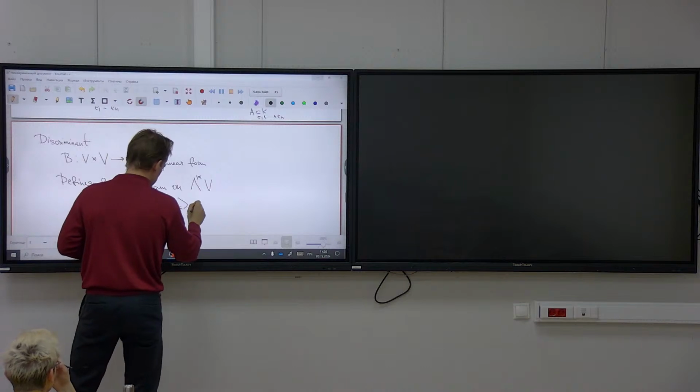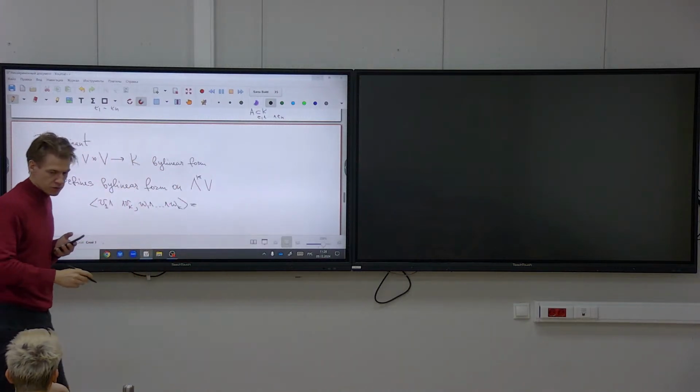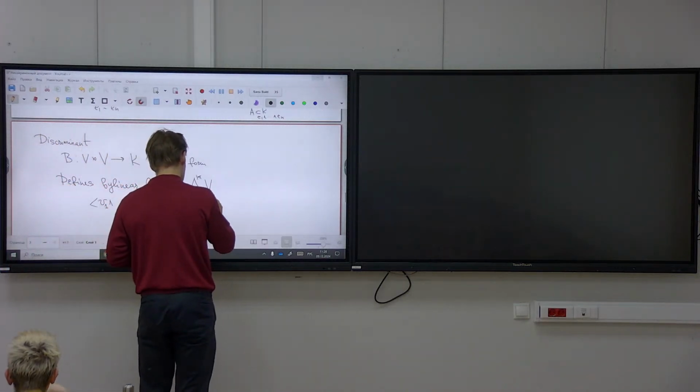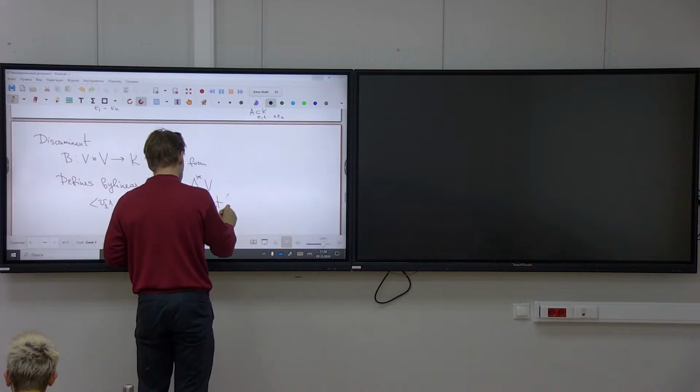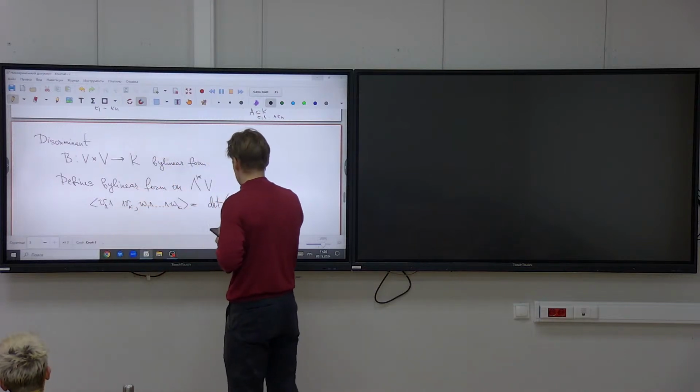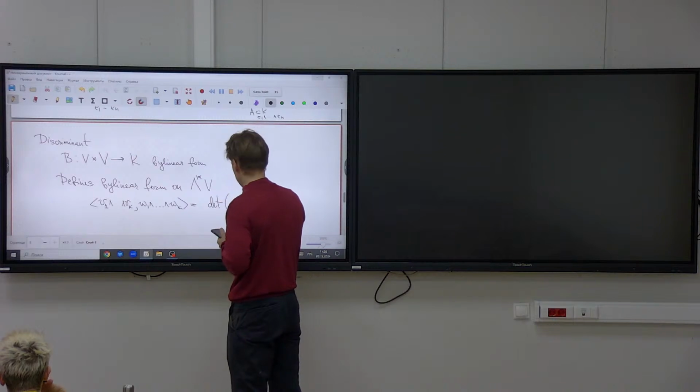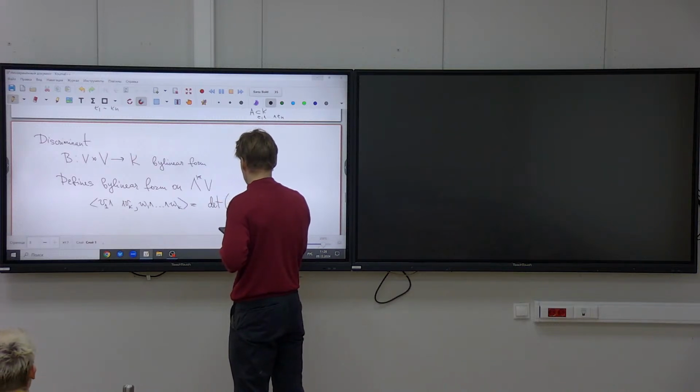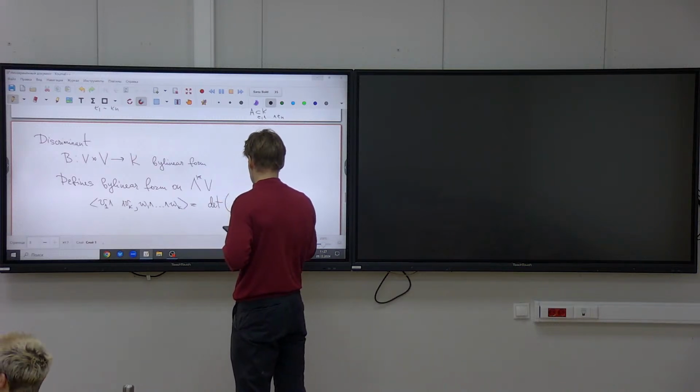You can define the bilinear form by the following: just take the determinant of the matrix where you take the bilinear form of vi and wj.